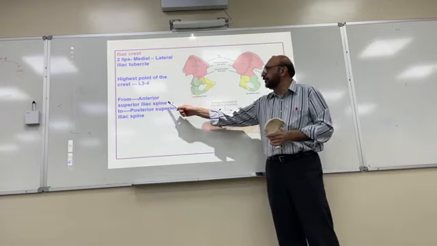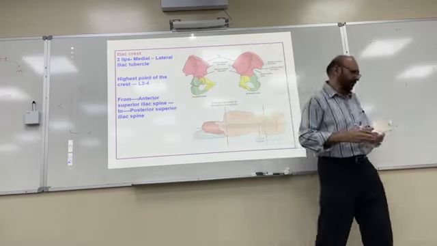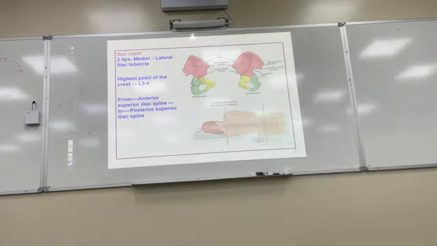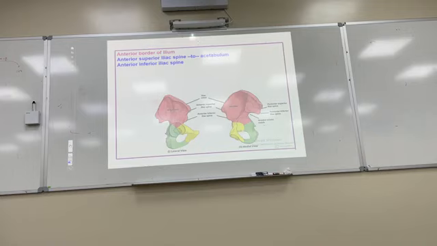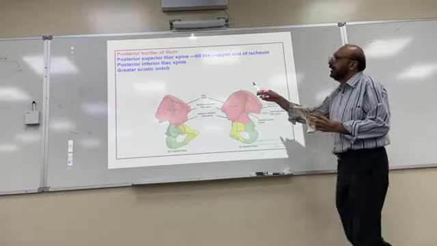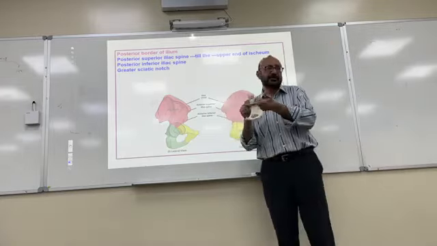From anterior superior iliac spine to posterior superior, nothing new. Anterior border: anterior superior iliac spine to the acetabulum. Anterior superior iliac spine, anterior inferior iliac spine, these are the features. Posterior border of ilium, what are the features? Posterior superior iliac spine, posterior inferior iliac spine, and greater sciatic notch here.